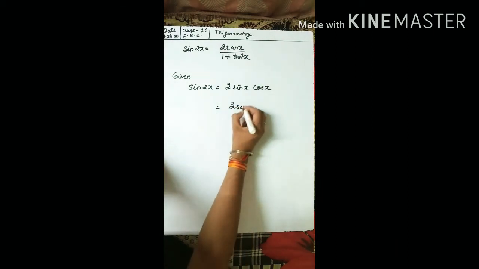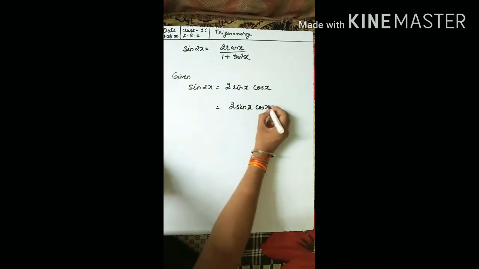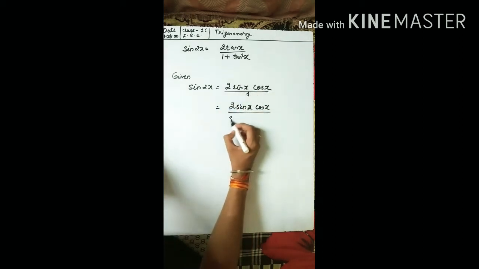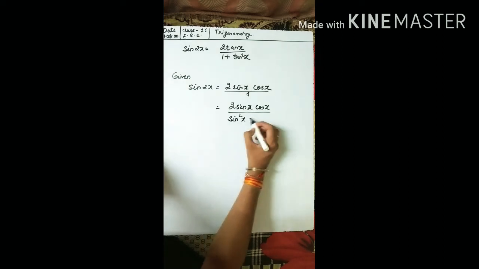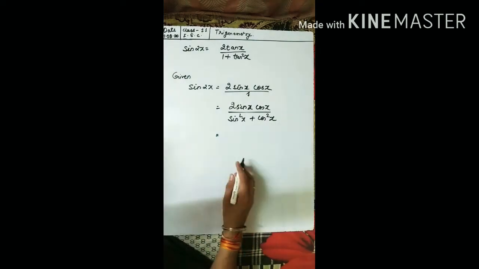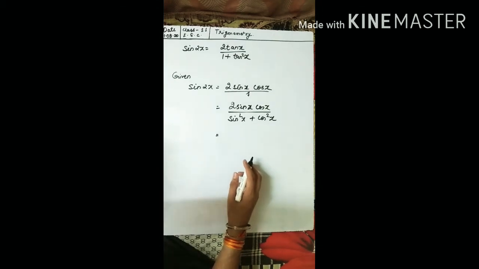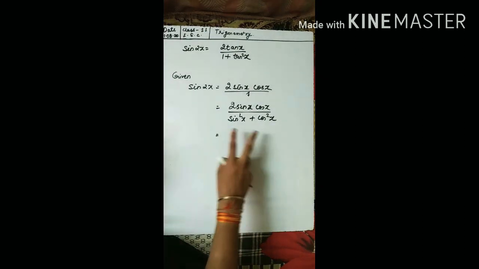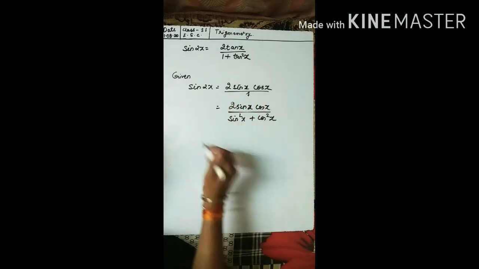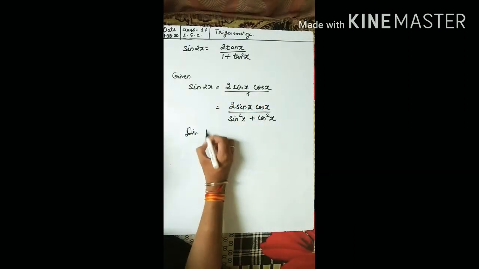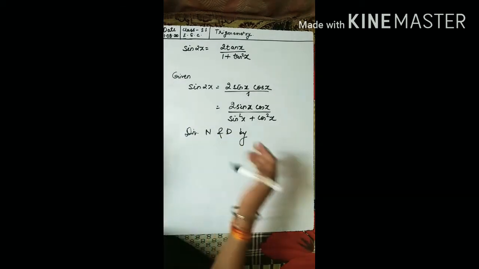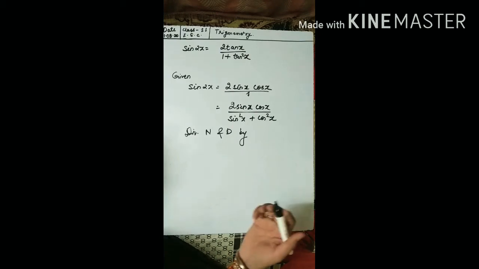So the very first thing which we are doing, I am considering this upon 1, and 1 by the identity we can write as sin square x plus cos square x. Now we want tan x, so I'm dividing the numerator and denominator by cos square x. What is tan x actually? This is sin upon cos.